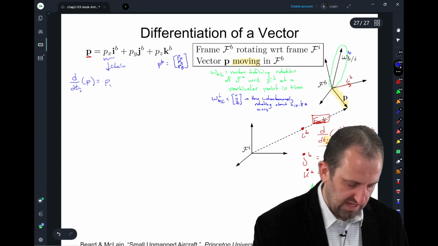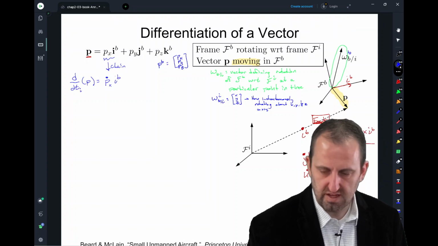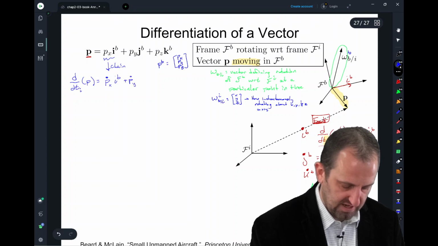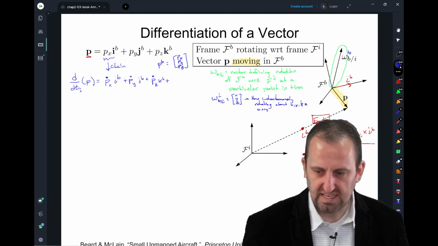So we're going to do Px dot times IB, and then plus Py dot times JB. Note that I don't have a dot above the I or the J, plus Pz dot KB. Plus, now we've got to take the time derivative of the second element.